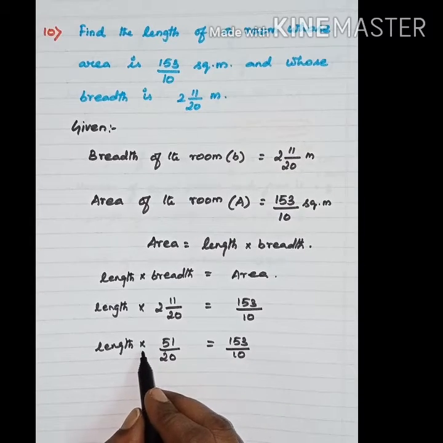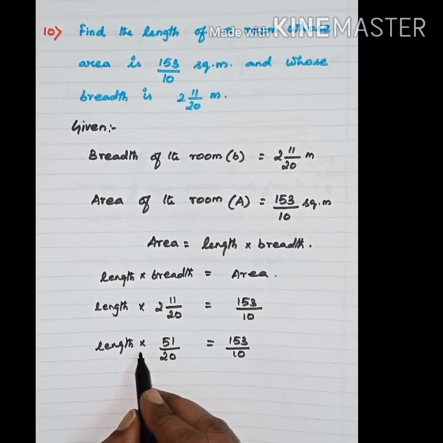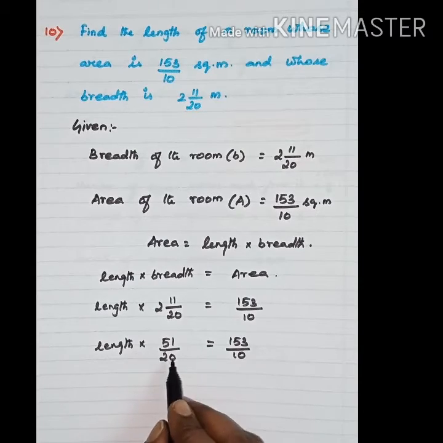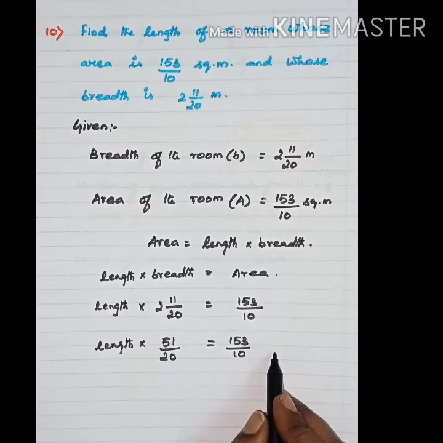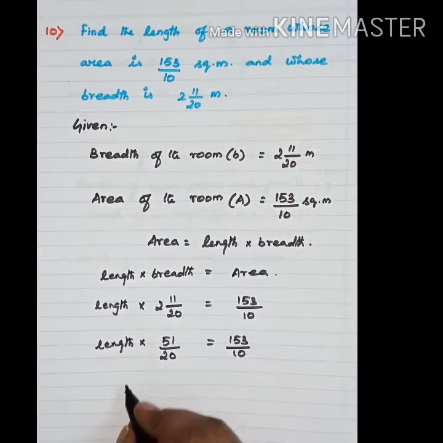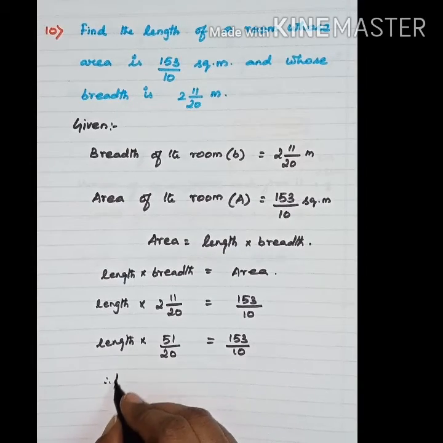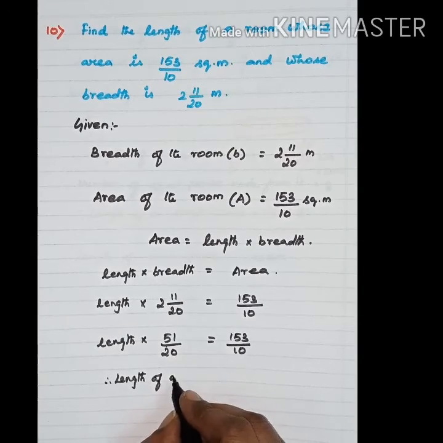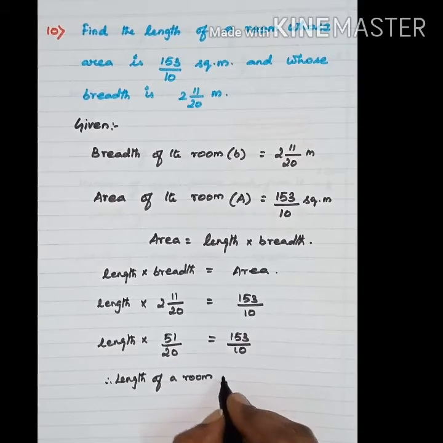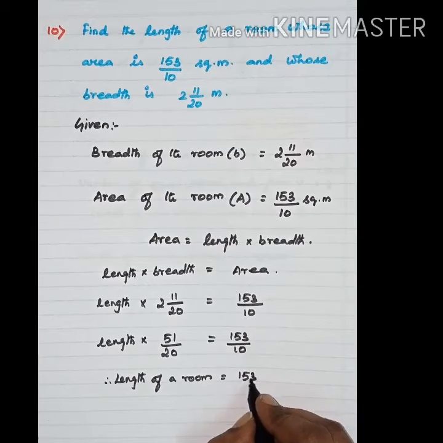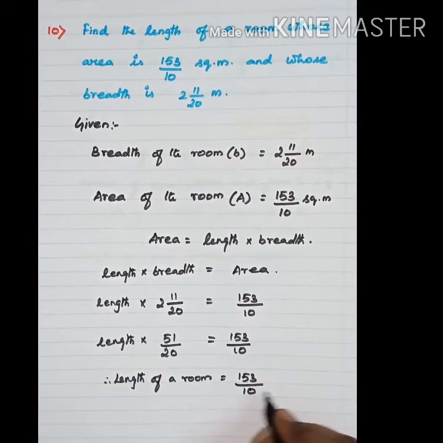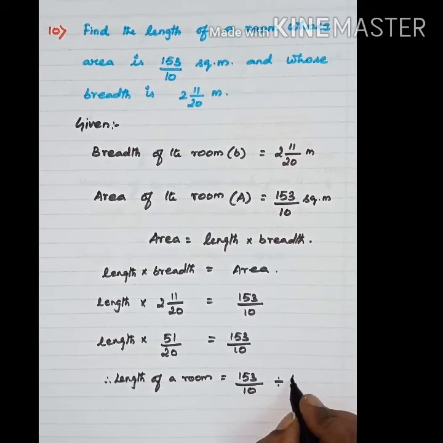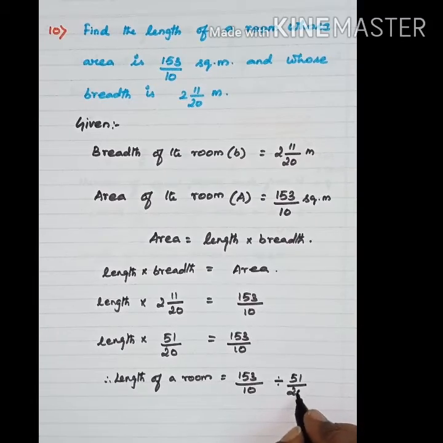Here it is in the form of multiplication. So we have to take this number to that side. It will become a division. Therefore, length of a room is equal to 153 by 10 divided by 51 by 20.